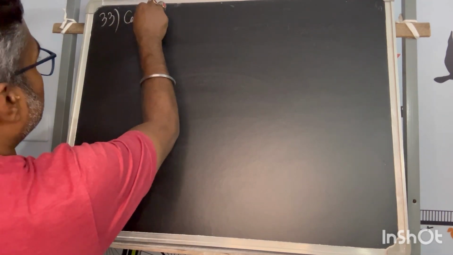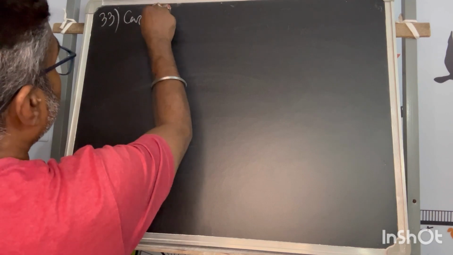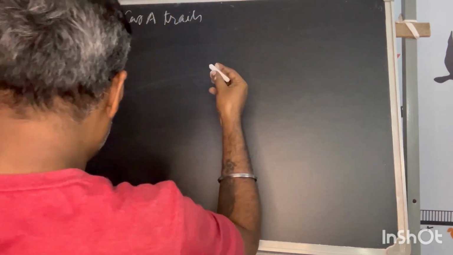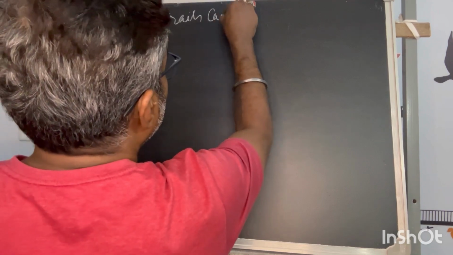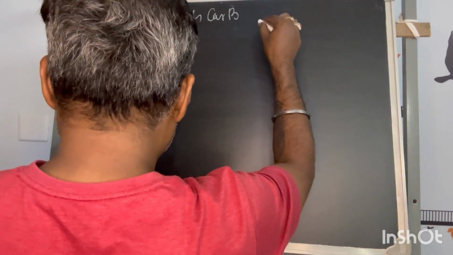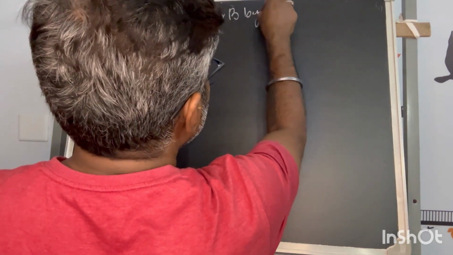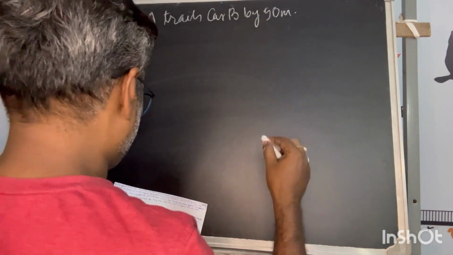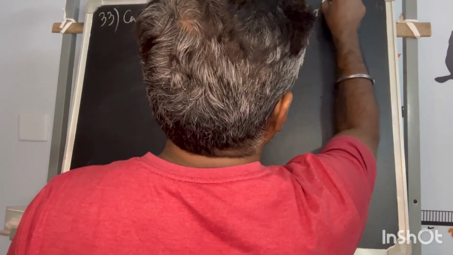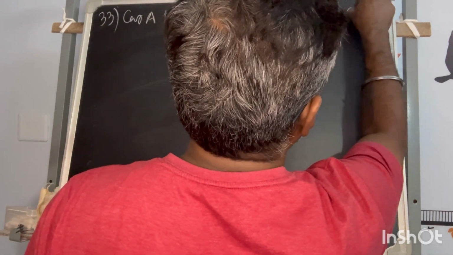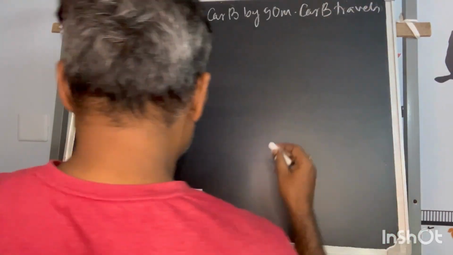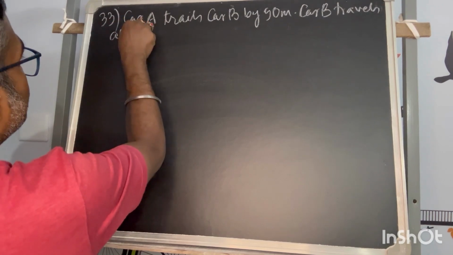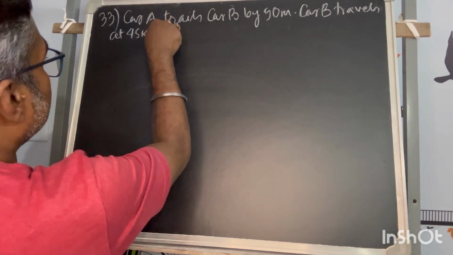The car A trails car B by 50 meter. Car B travels at 45 kilometer per hour.